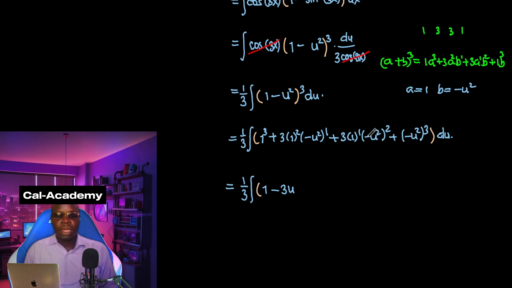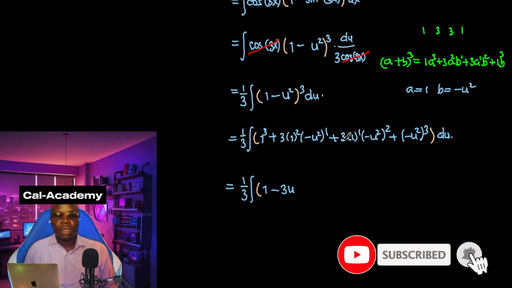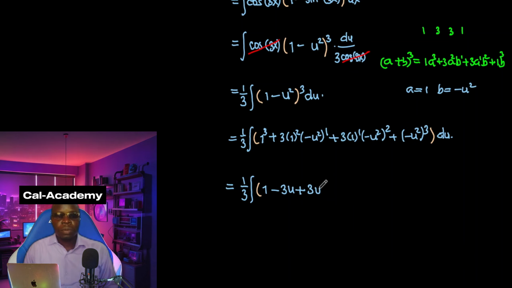Now the next one here is squared, so when you square negative we get positive, so we have u to the power of 4 times 1 times 3, so we have plus 3u to the 4th power, and next term, we cube it, and if you cube a negative, it will still be negative, so we have negative u to the power of 6, and that is our expansion, so we can integrate with respect to u.